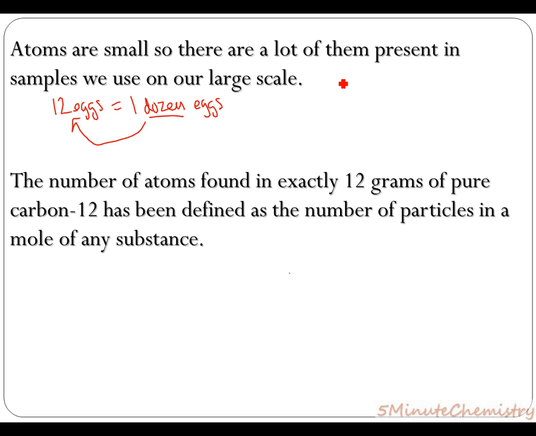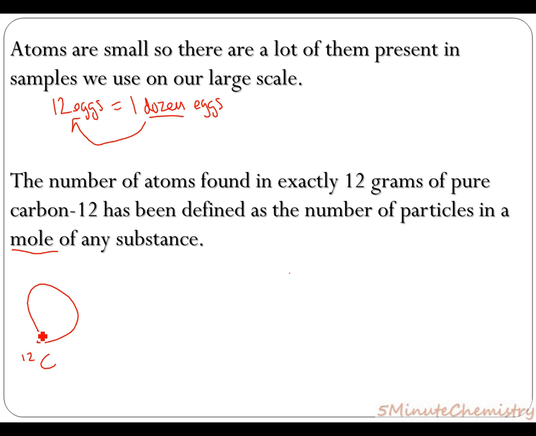Now the number of atoms that you find in 12 grams of pure carbon-12 is a standard that we use to define the number of particles that we refer to as a mole of a substance. Okay, so here's our sample of carbon-12.